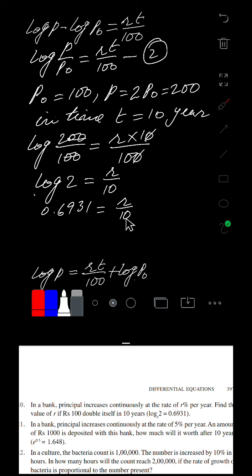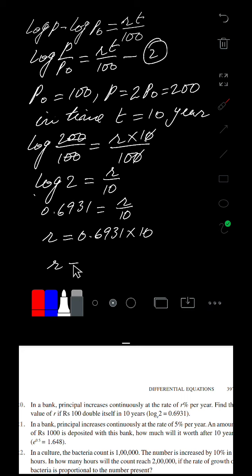So transposing 10 to this side, it will multiply 0.6931 and we get R is equal to 0.6931 multiplied by 10. So R is equal to 6.931, the required rate of interest per annum.